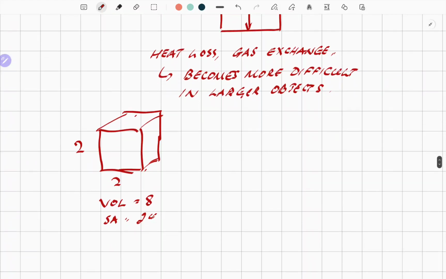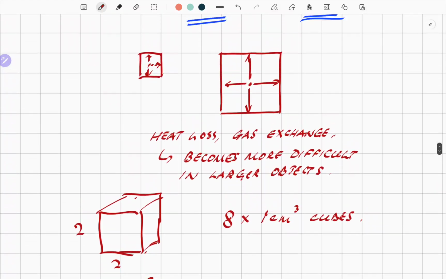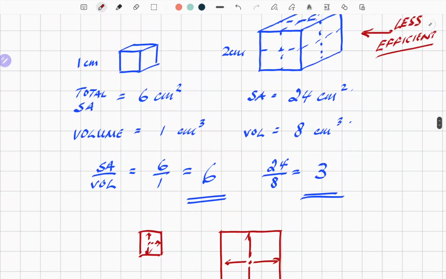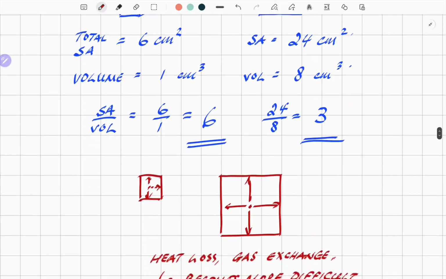And if we then cut it up into 8 cubes of 1 cubic centimeter each, what's the surface area of each of those cubes that we established earlier? No, the surface area of the whole cube. 6, right?